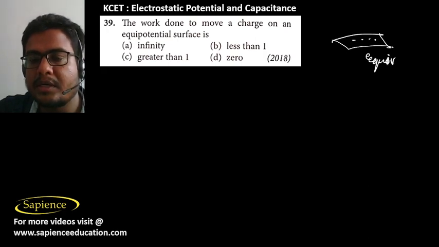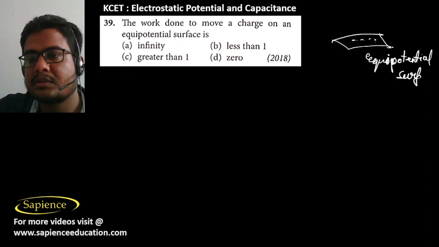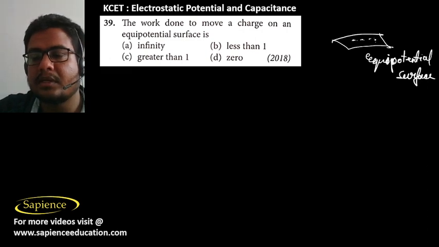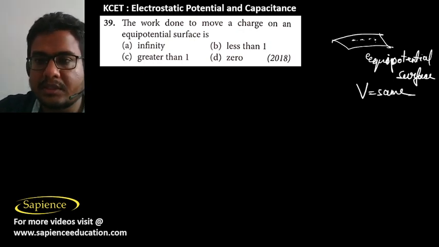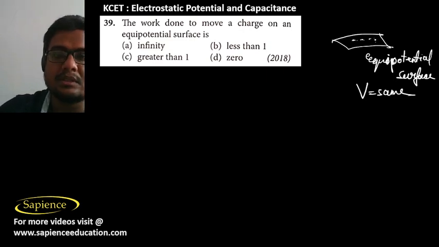At any point on the equipotential surface, the electric potential is the same. So there is no electric field on any equipotential surface. Therefore, there is no work done to move a charge on the equipotential surface.